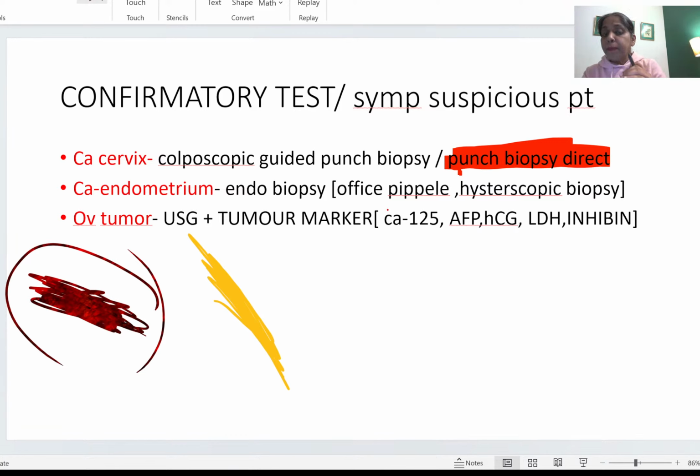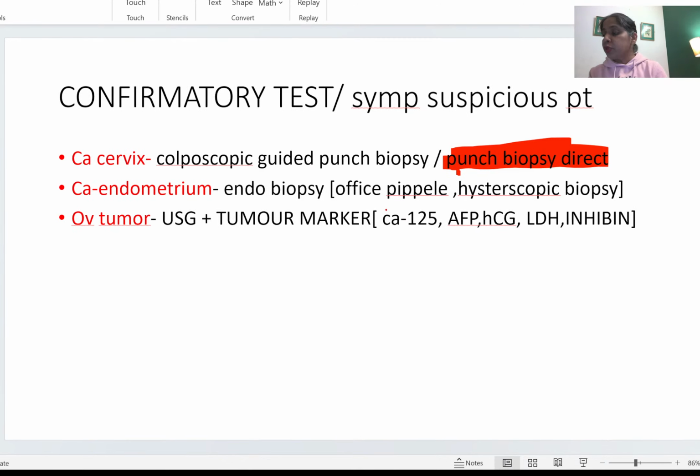Colposcopy is nothing but a camera. Then we will see the lesion with the help of colposcopy, so we can do the biopsy. The confirmatory test is no doubt the biopsy.